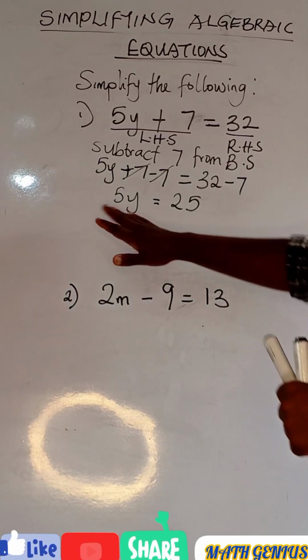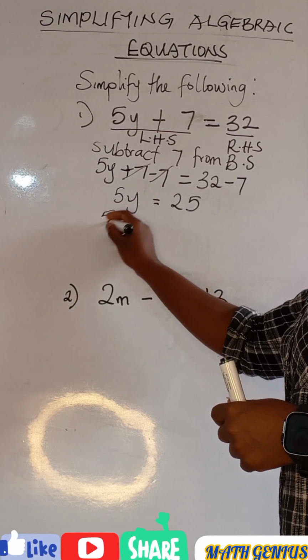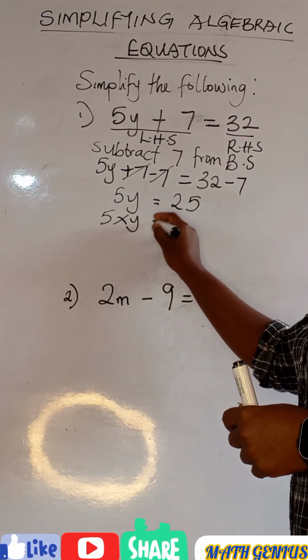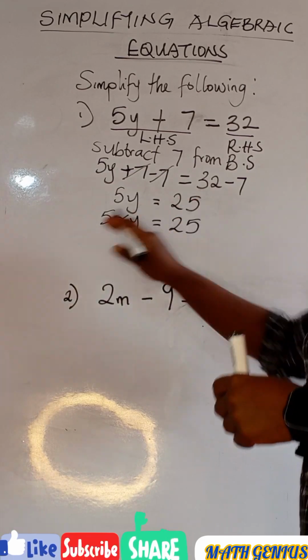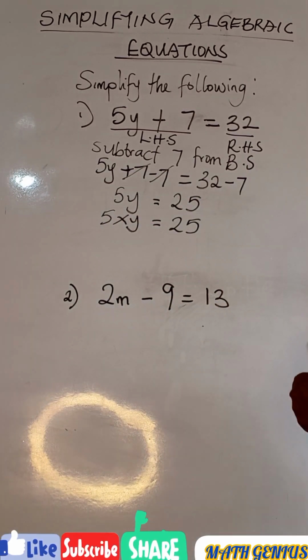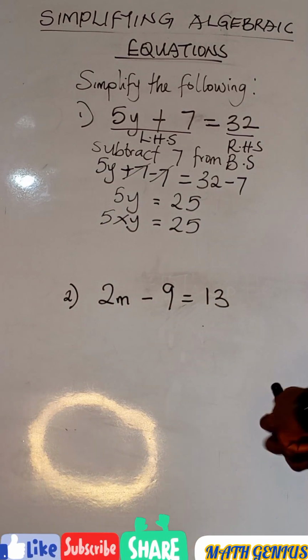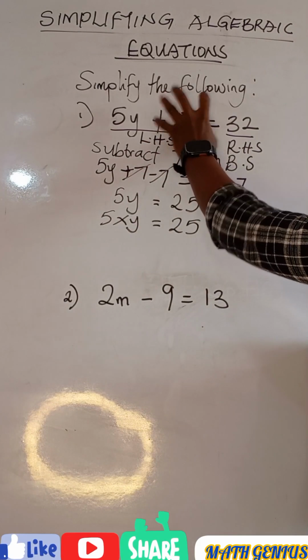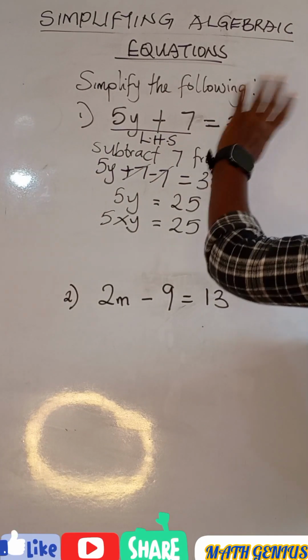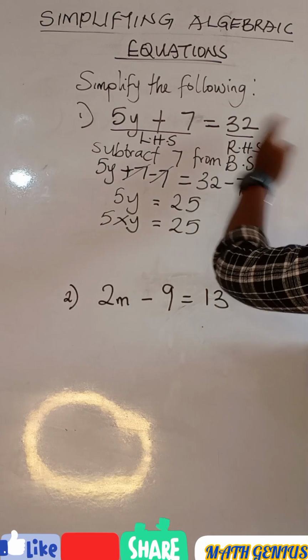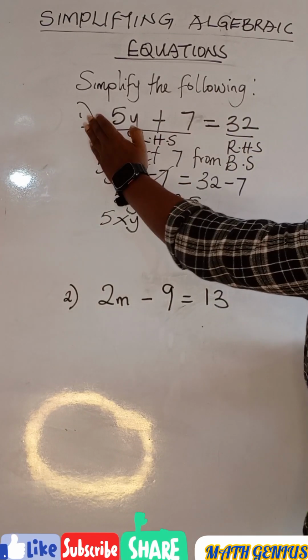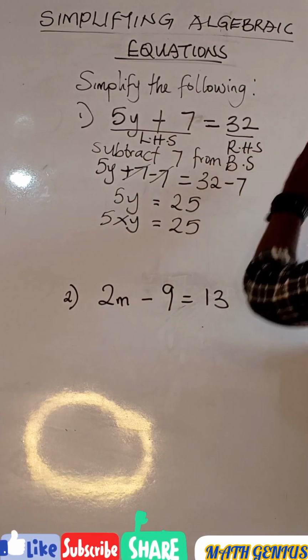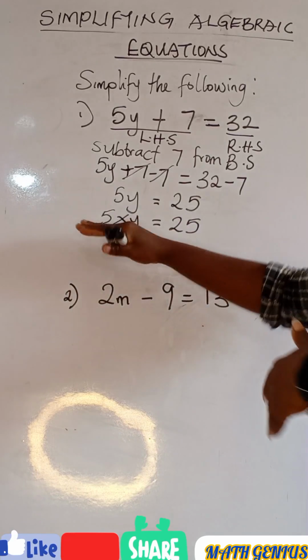We can expand this to be 5 times y because 5y means 5 times y. Now, the next thing to do, we are still in the act of elimination. We have successfully eliminated this 7, and we did that by subtracting 7 from both sides. So it affected the left-hand side, also affected the right-hand side. The next thing we need to do is to eliminate this 5.